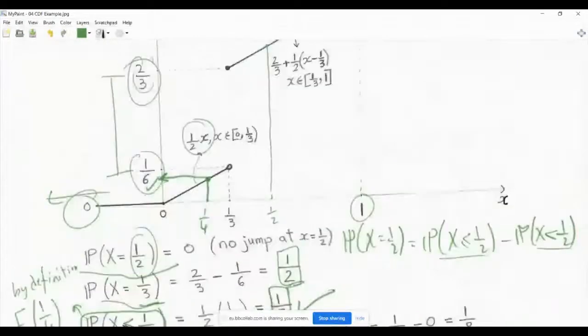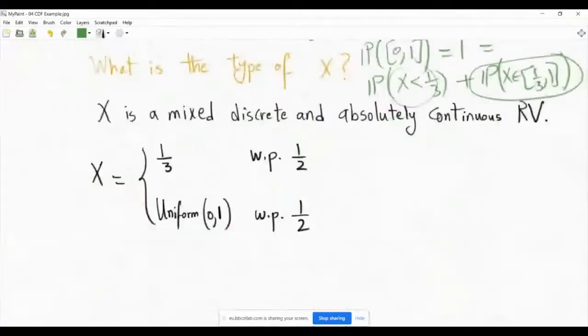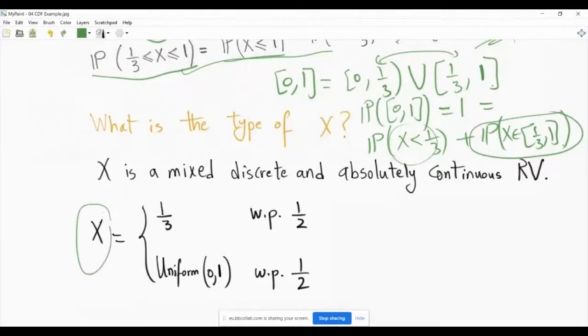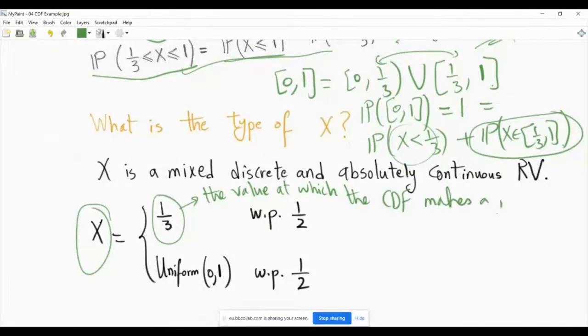So the way of thinking about it is the following. You can think of our random variable X as equal to 1/3. What is this 1/3? It is the value at which the CDF makes a jump, and it's the only such value in this particular example. So X is equal to 1/3, and what is the probability?